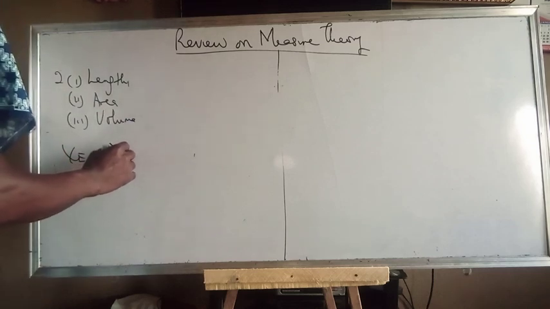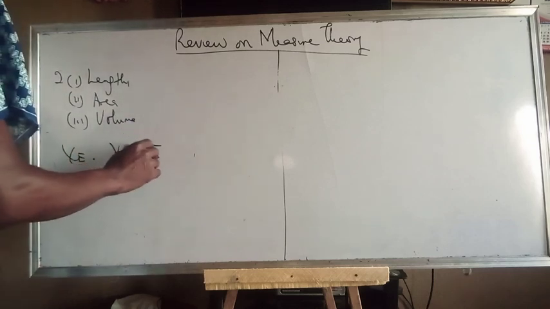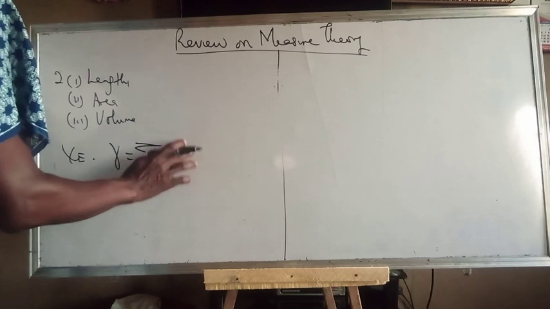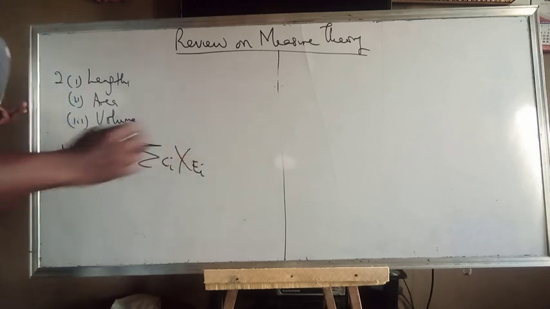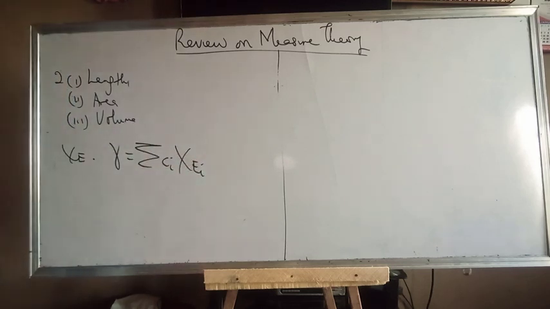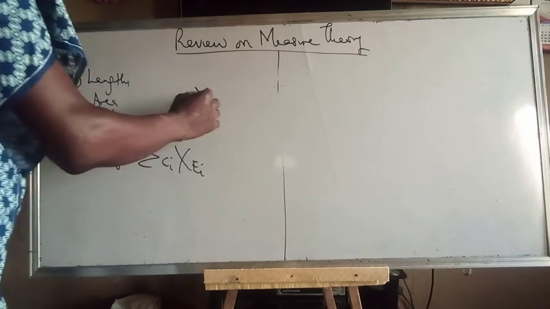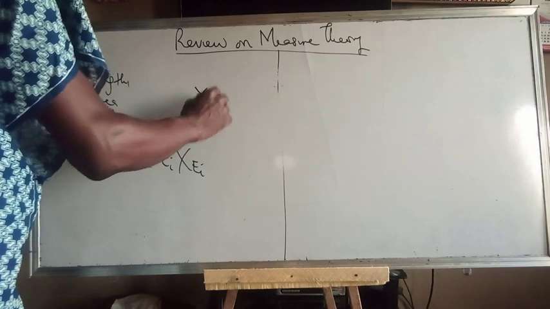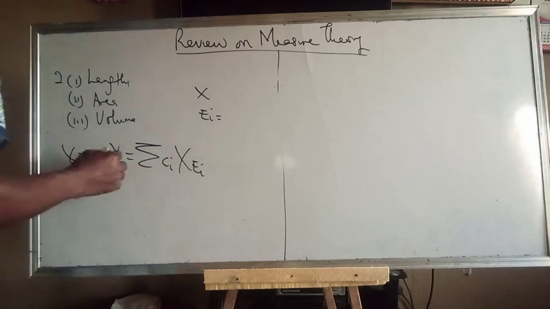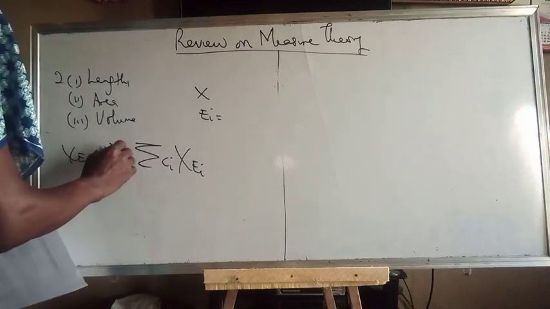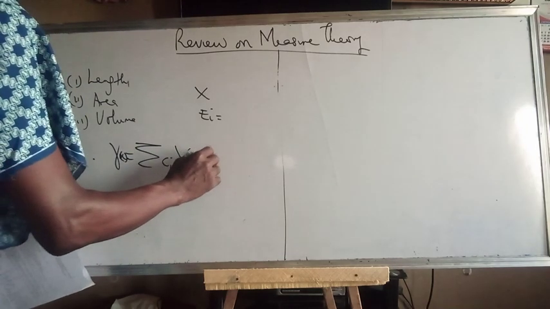So just write gamma as the summation of a set of constants c_i multiplied by the characteristic function of E_i, where E_i is a sigma algebra generated by set X. Suppose X is the main set there, and all E_i's are in the sigma algebra generated from set X. So if x is coming from that domain, I'll put gamma of x and all of these of x.